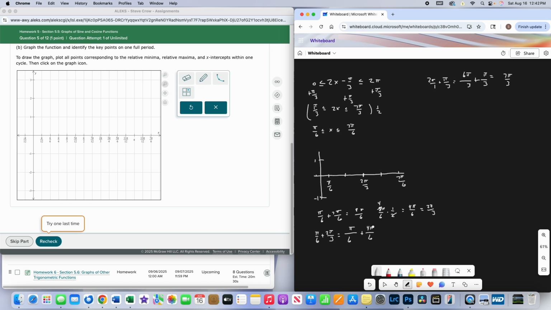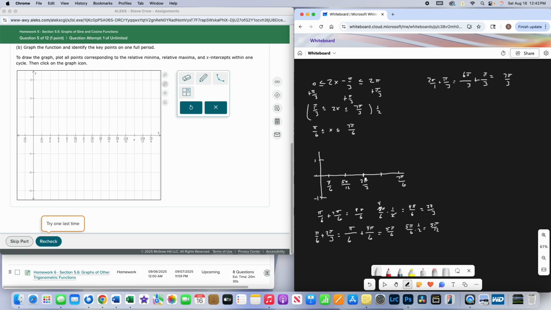And so this is going to give me 5 pi over 6, and then I've got to take the 5 pi over 6 times a half, and that's going to give me 5 pi over 12. And so this would be 5 pi over 12.